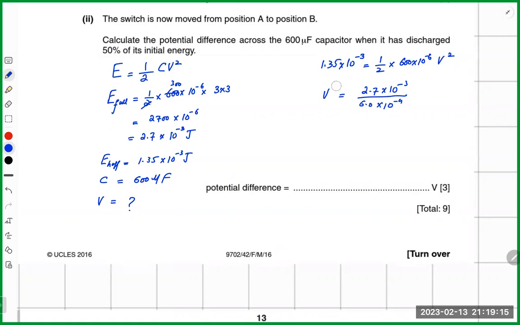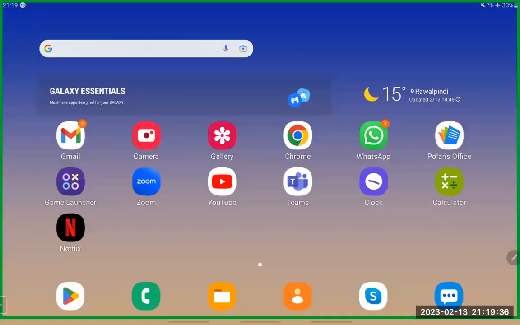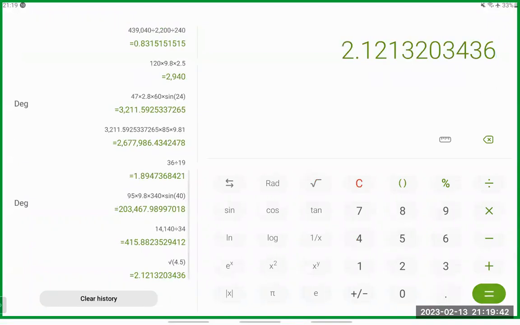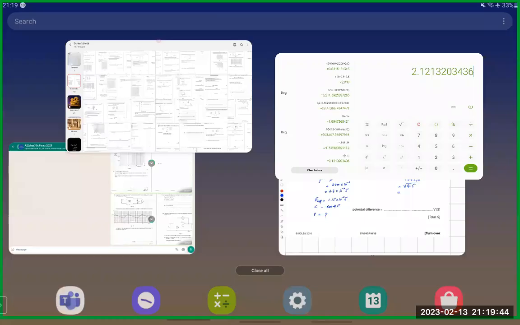And if we are finding V, there will be a square root like this. So it is 4.5 square root. So what will be the square root of 4.5? It will be 2.12 volts.